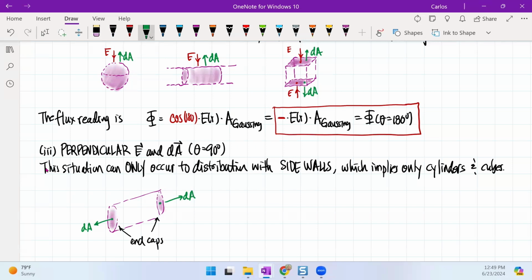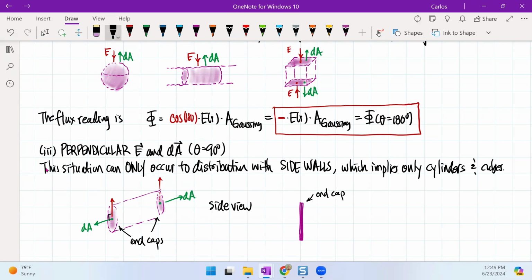But if I'm enclosing a positive charge, let's say, then the electric field is actually coming perpendicular to this. In other words, this is a right angle right there. And if I do a side view, it will be easier. So now what I'm looking at is only the side of the Gaussian. Okay, so this right here is the end cap.